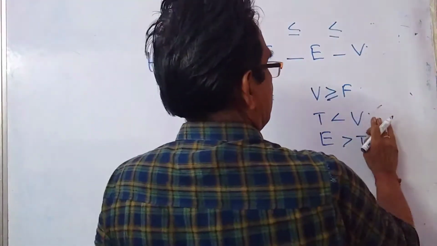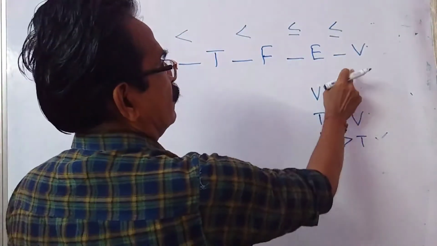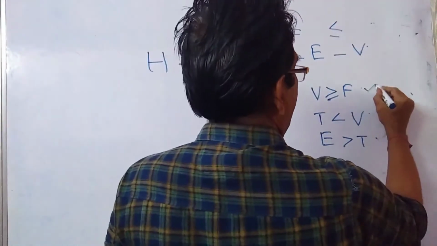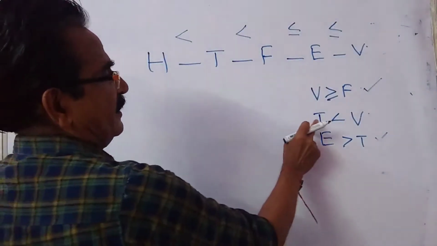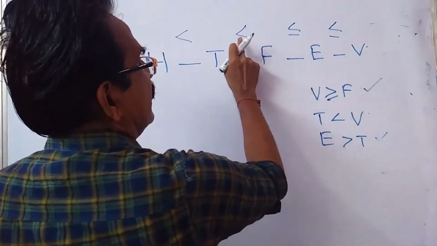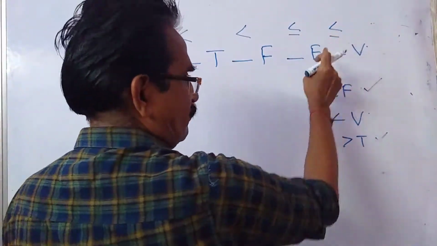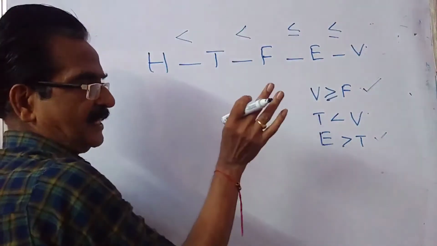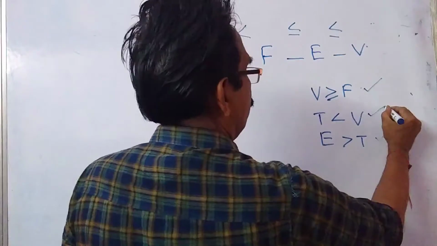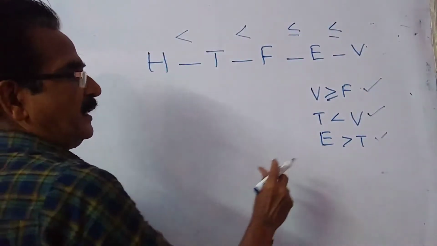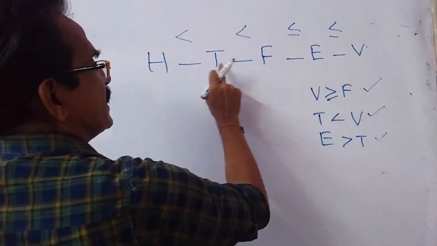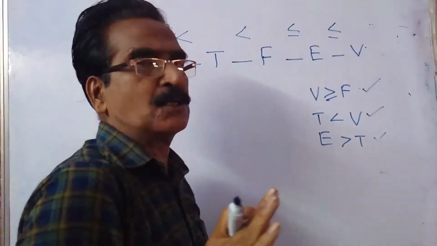First let us see V greater than or equal to F. Yes, V greater than or equal to F. Fine. T less than V. Yes, between T and V, less than or equal to, so one less than is there. So T less than V, this is also fine. Next, E greater than T. Nice. E greater than T. This is also true.